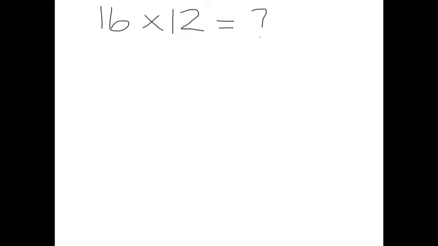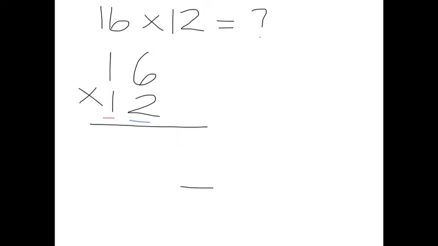We can set it up exactly the same way as we have all the other times when we're multiplying two digits by one digit. 16 times 12. So my problem is I don't have one digit, I've got two. I have a 10 over here, and I have a unit over here. And I need to find out what my answer is.